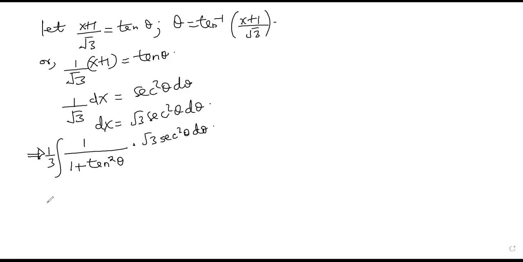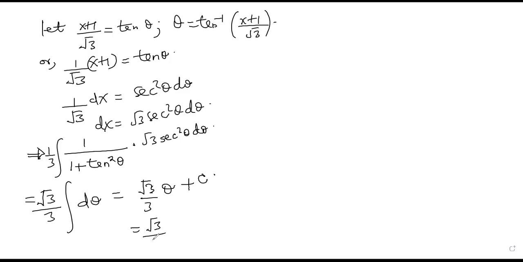Then here you put root 3 over 3 outside, and we are left with just the d theta. So it is going to be root 3 over 3 theta plus a constant of integration. But theta, we have it as tan inverse of x plus 1 over root 3 plus a constant of integration.